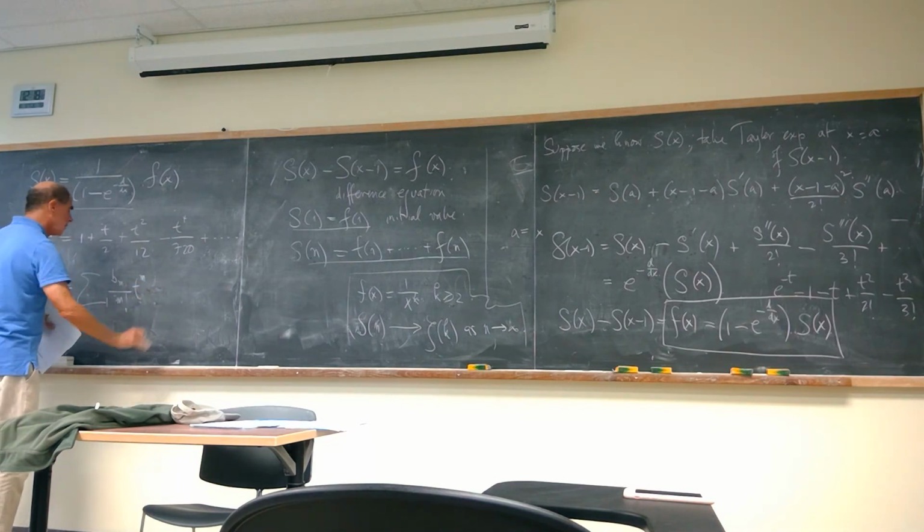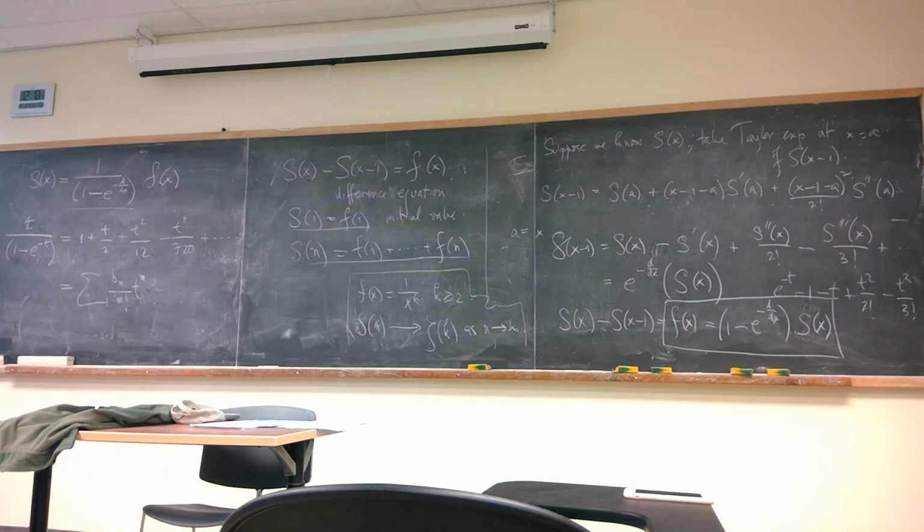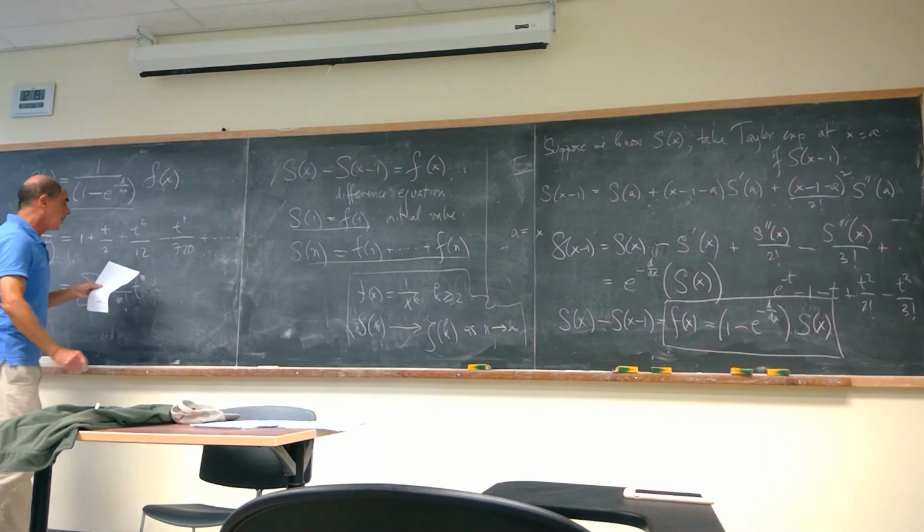So these are universal rational numbers that are determined by the exponential function. But they're complicated to compute because you have to work out this power series, then you have to work out the inverse power series. So each time you compute one, you have to know all the previous ones, etc. So this gives a table of Bernoulli numbers.